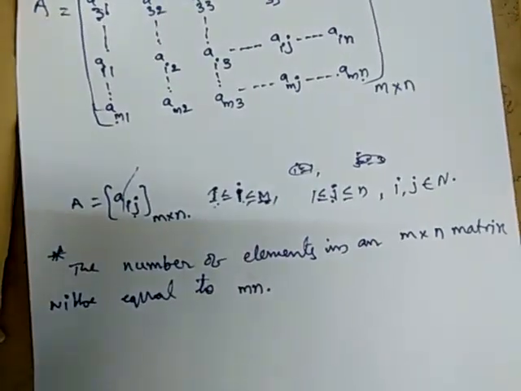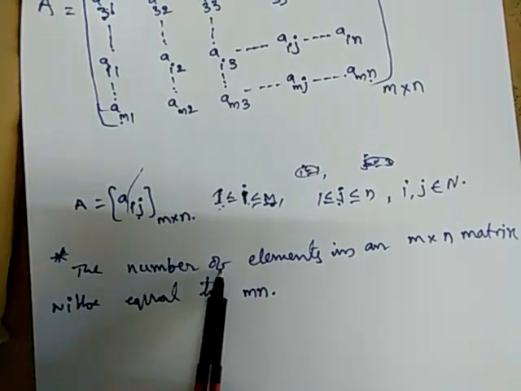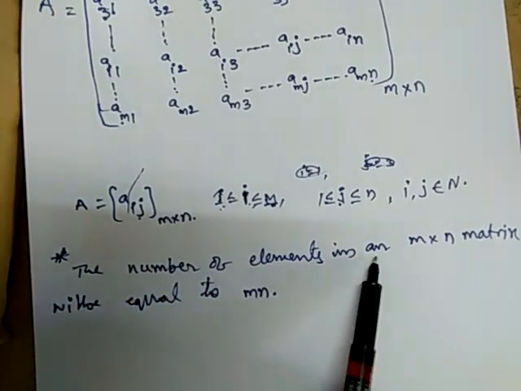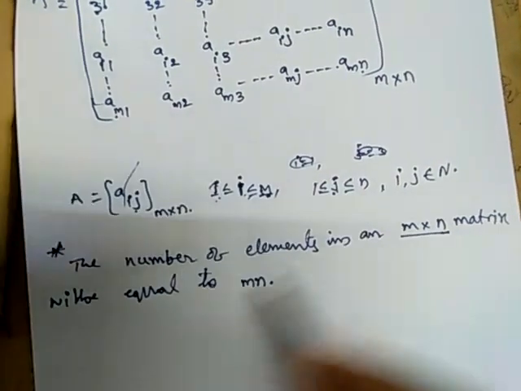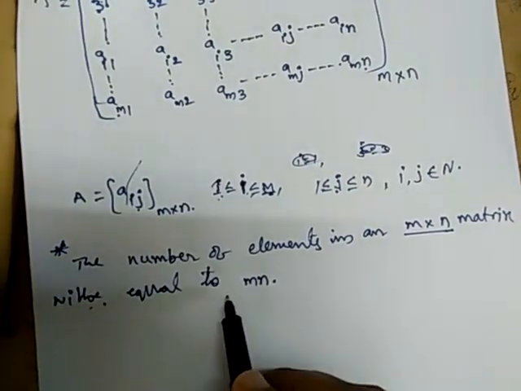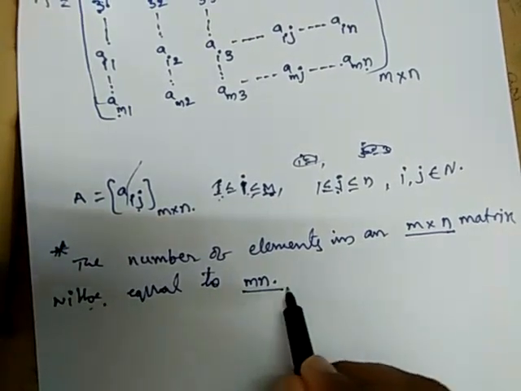Once observe this sentence. The number of elements in an m by n matrix will be equal to m into n.